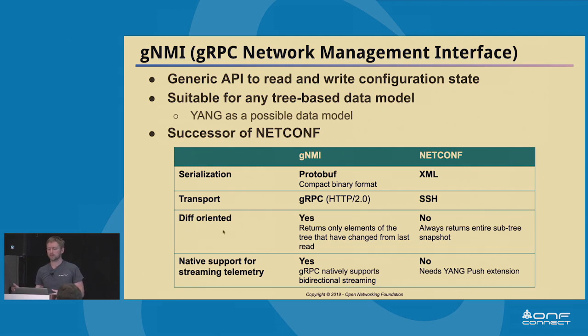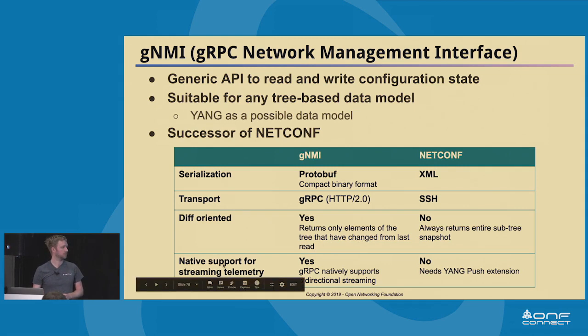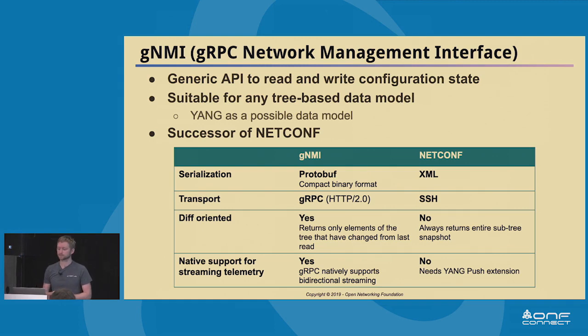In NETCONF and RESTCONF, typically you return an entire subtree in response to a GET request. In gNMI, we have the option to only return elements that have changed. So in addition to being more compact on the wire, we can also send less data, fewer fields. And then we also natively support telemetry. Both RESTCONF and NETCONF have out-of-band mechanisms to push from the server to the client, but we do this out of the box in gNMI.